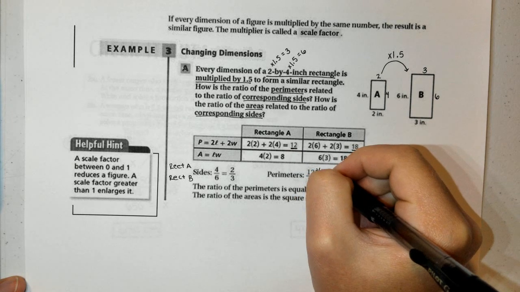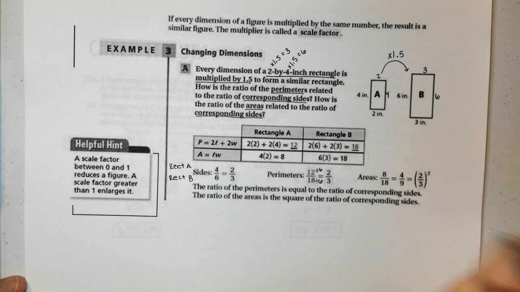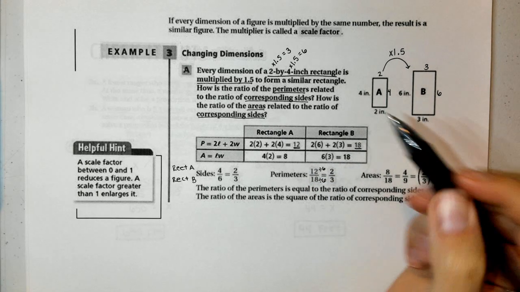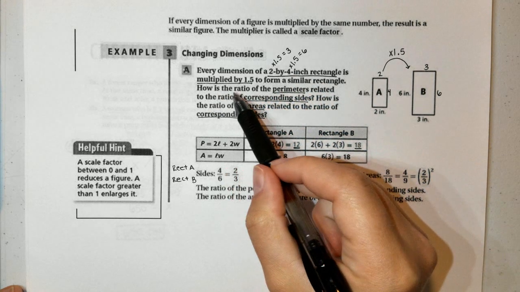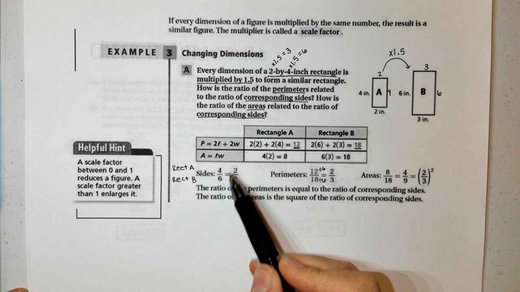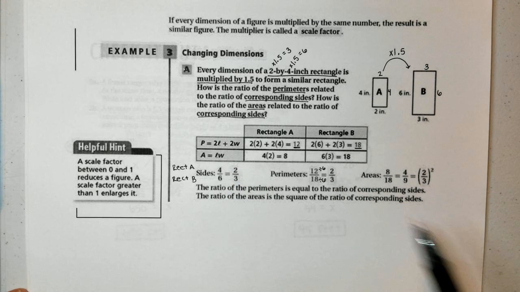You can divide top and bottom by 6. So that simplifies to 2 over 3. Okay, so far, the first, how is the ratio of perimeters related to the corresponding sides? Well, the sides are 2 to 3, perimeters are 2 to 3. So the ratios there are the same.